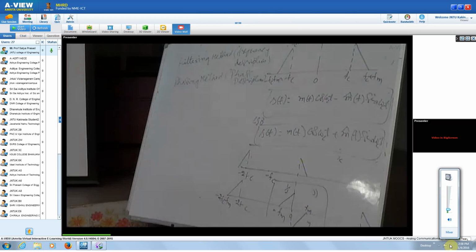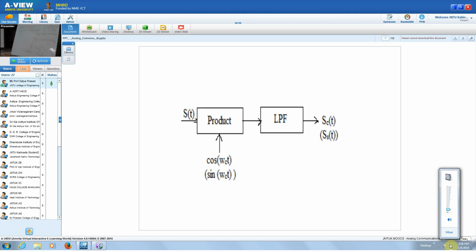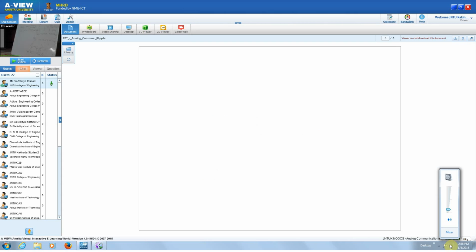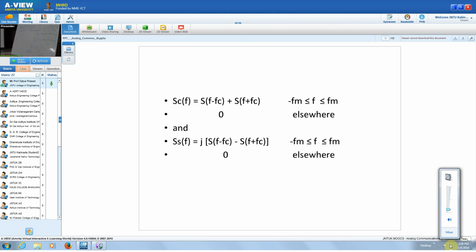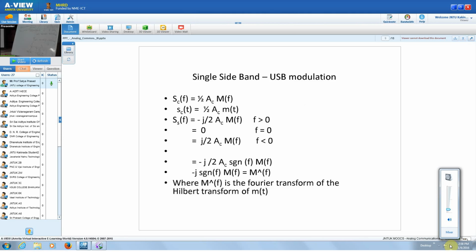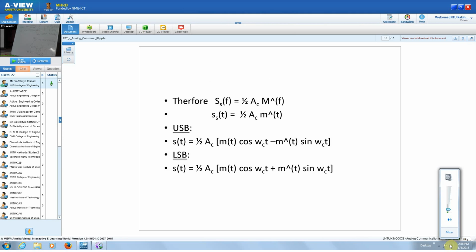Filter method or phasing method. Filter method. This we have already seen.